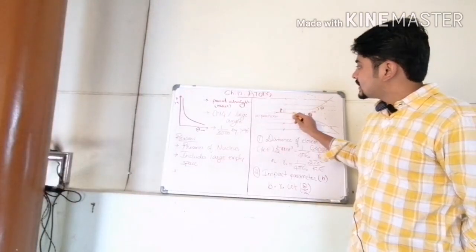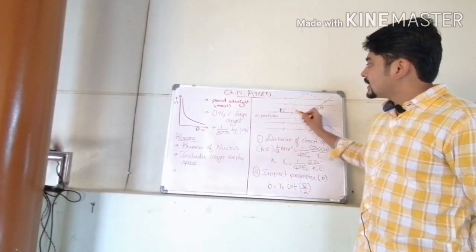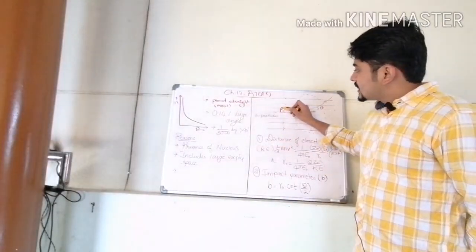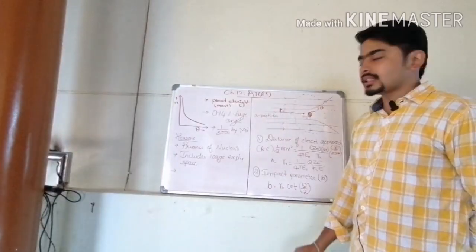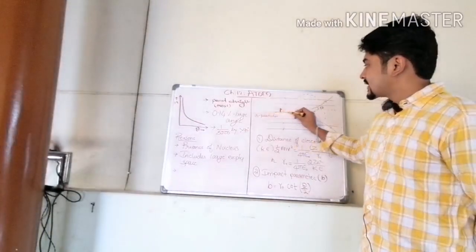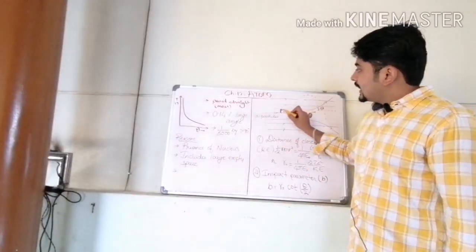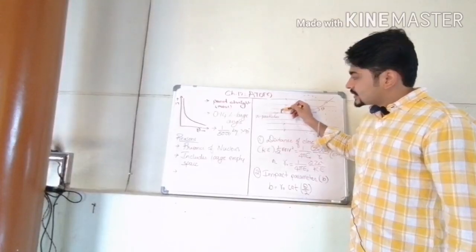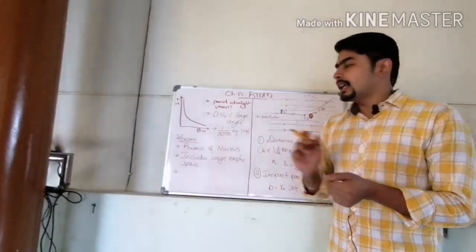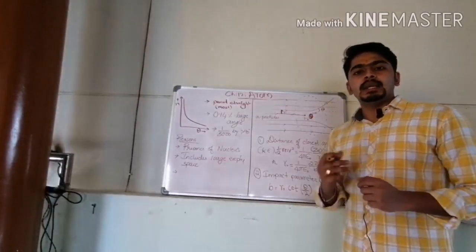Similarly, the alpha particle which is nearer to the gold nucleus gets scattered. If I consider the nucleus and one imaginary axial line, the perpendicular distance between the initial velocity vector of the alpha particle and the center of the nucleus is known as the impact parameter.